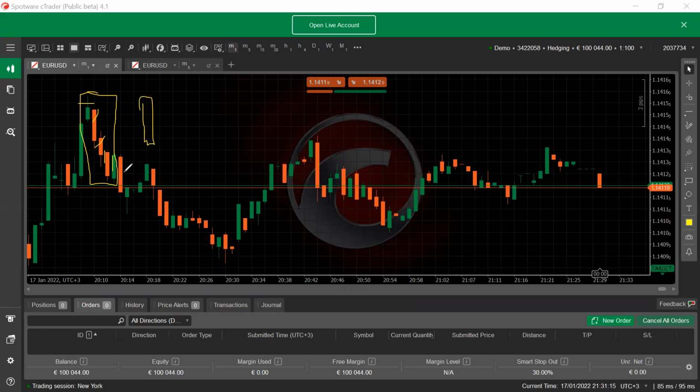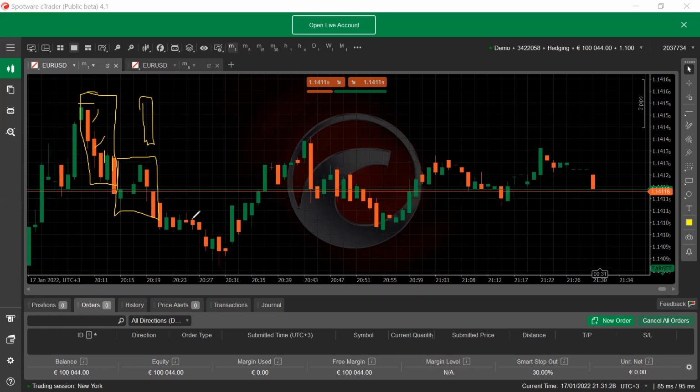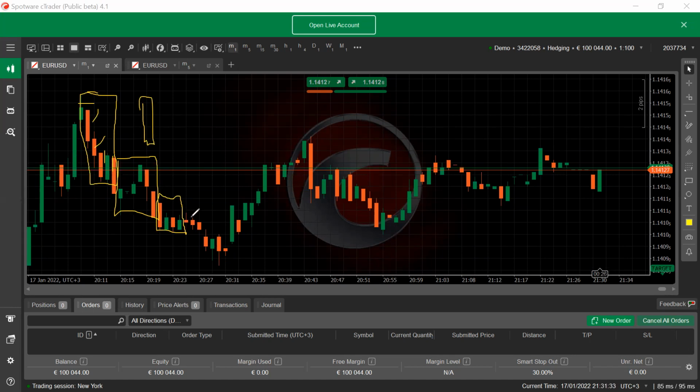Then again 1, 2, 3, 4, 5, from here to there, this makes another candle. Then 1, 2, 3, 4, 5 up to here, this makes another candle.